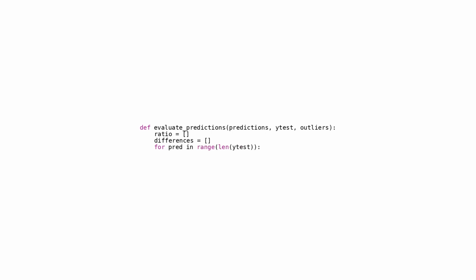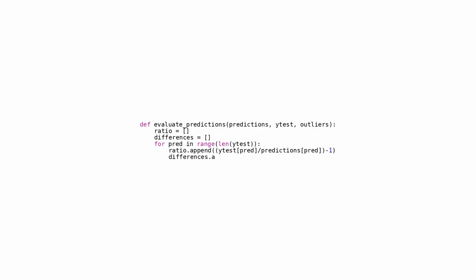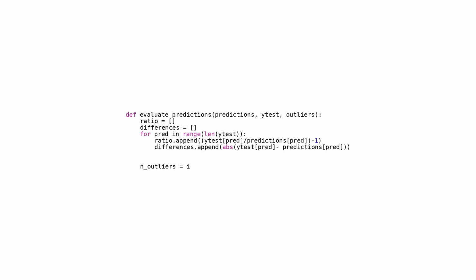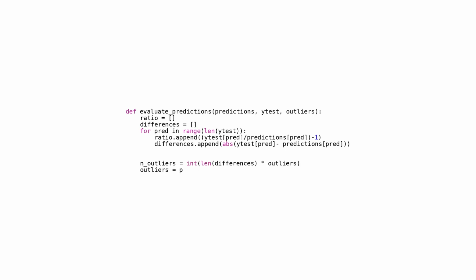The following Python code snippet defines a function called evaluate_predictions that takes in three arguments: predictions, test, and outliers. The predictions is a list of predicted values, test is a list of actual values, and outliers is a decimal representing the percentage of largest differences to be considered as outliers. The function works by creating two lists, ratio and differences, which are used to calculate the relative error and absolute difference between each pair of corresponding values in predictions and test.